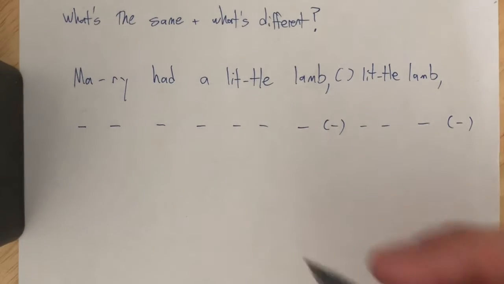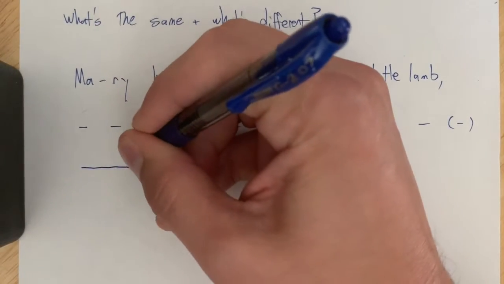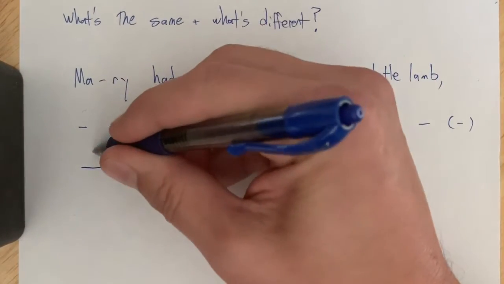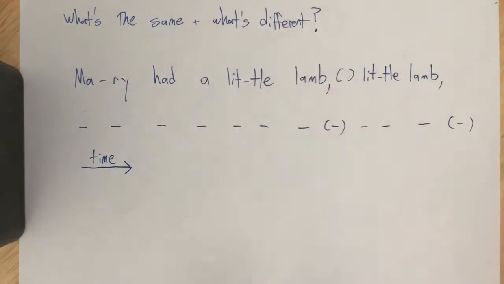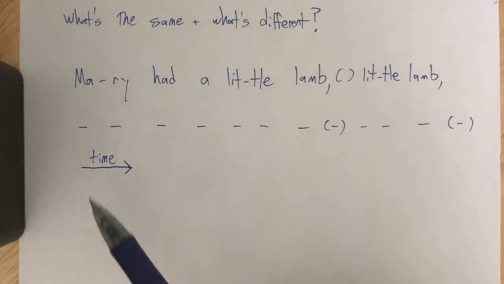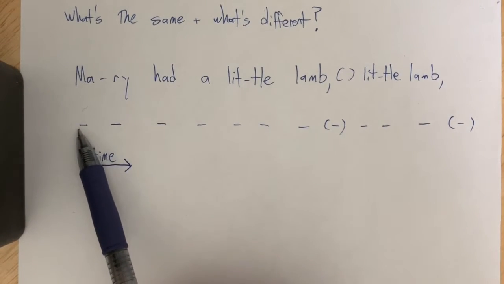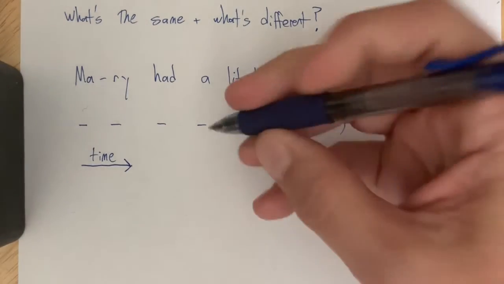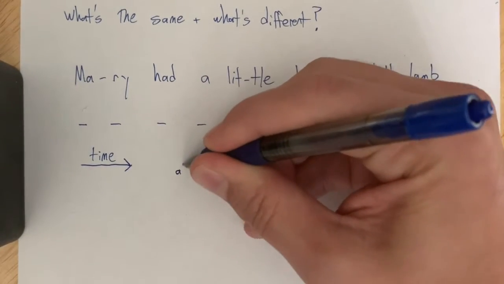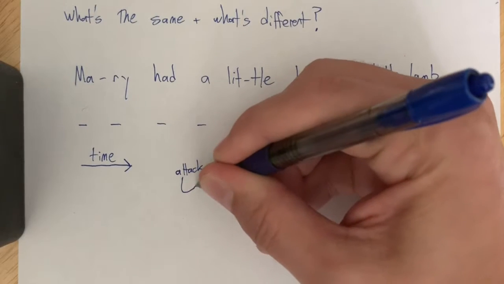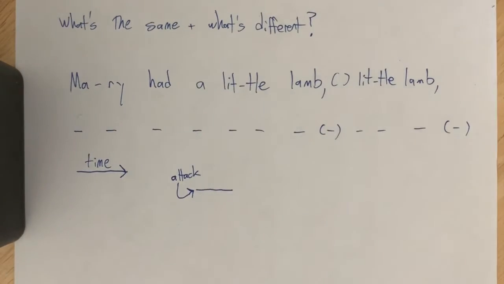What we're doing is we're showing on this horizontal axis, we're showing time. We're showing how time unfolds, and with each one of these dashes, for each note, we're representing the attack of that note. It's kind of violent, but that's what we call the onset of a note.